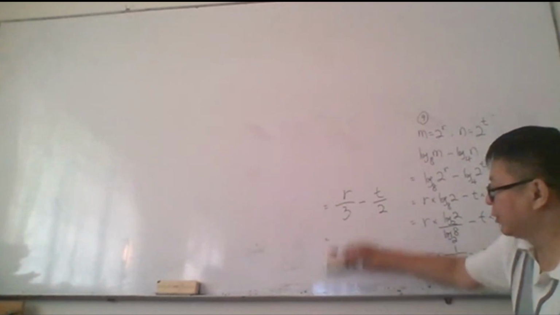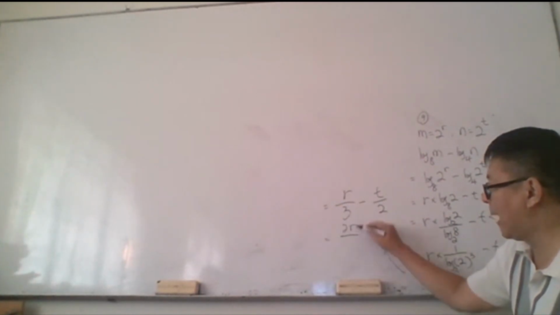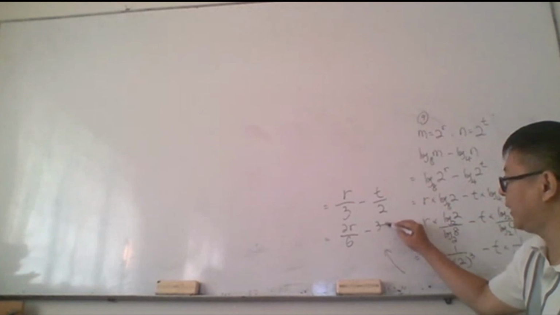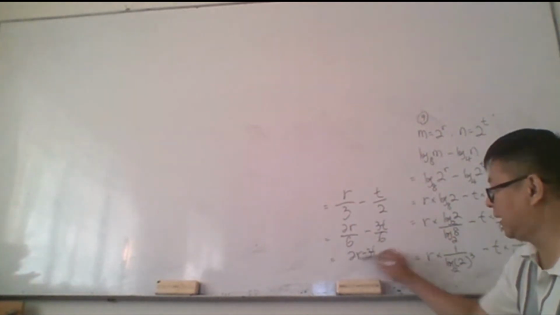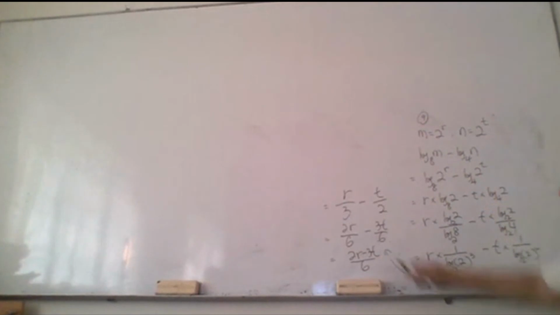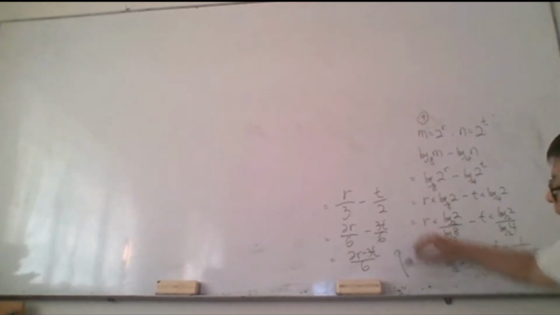You can put 2r over 6 minus 3t over 6, or 2r minus 3t over 6. It's up to you. This is one of the methods they use in school.